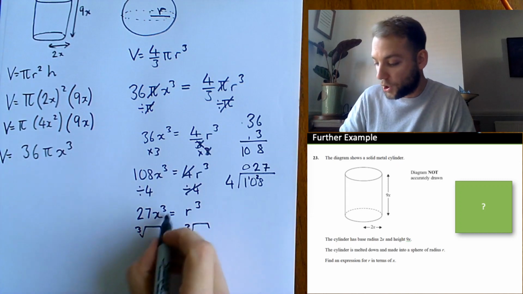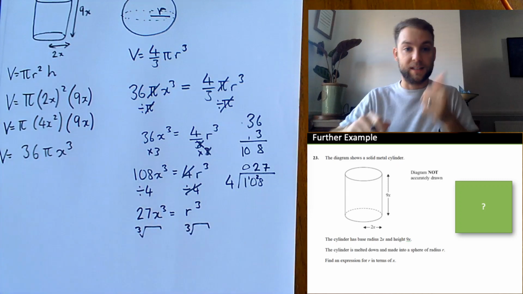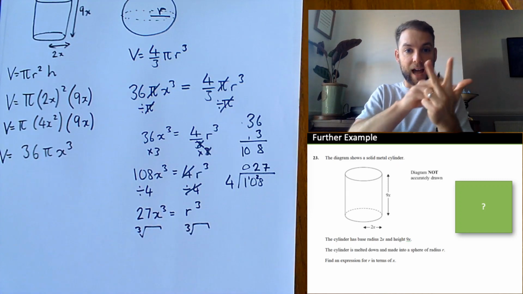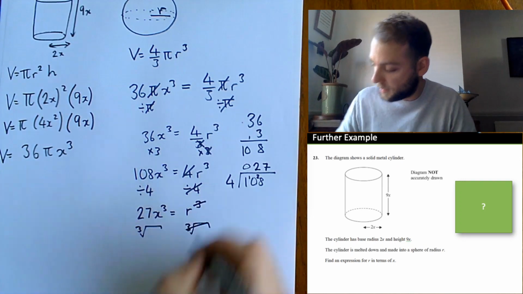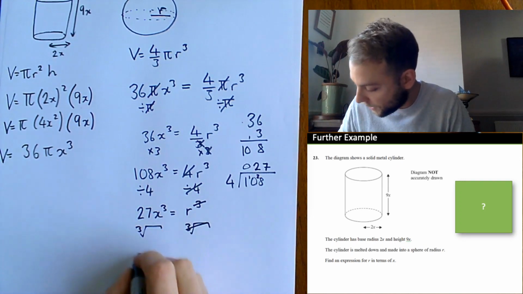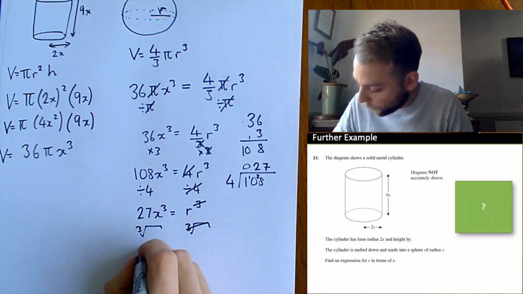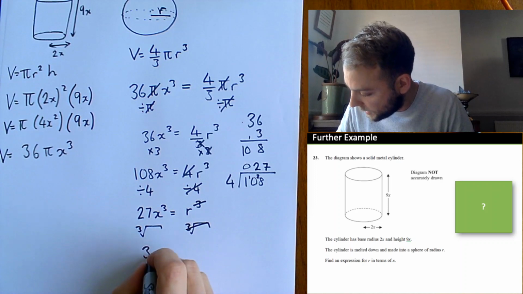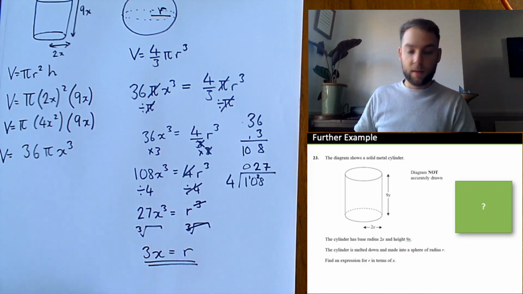So the cube root of 27 is 3, and the cube root of x cubed is just x, because it's x times x times x. So I end up with 3x is equal to r.